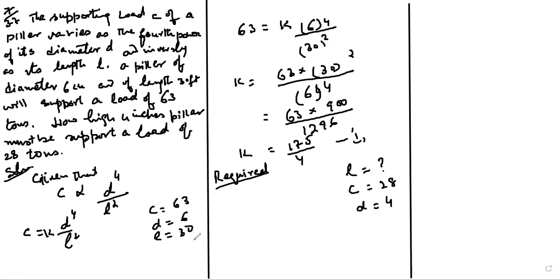Now we know that C is equal to K times D to the power 4 divided by L square. So 28 equals K's value, 175 over 4, times 4 raised to power 4 divided by L square.